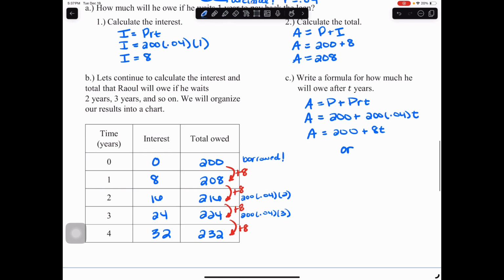If I use that one as my model, I'd have A equals the principal times 1 plus rate times time, which means A equals 200 times (1 plus 0.04T). I could leave it like that, or if I distributed, I would get the same thing that I got above. So there's the formula that will get me any information about that scenario.